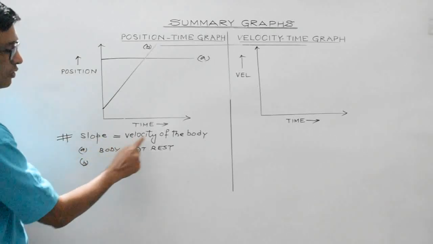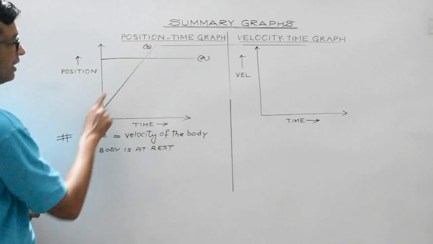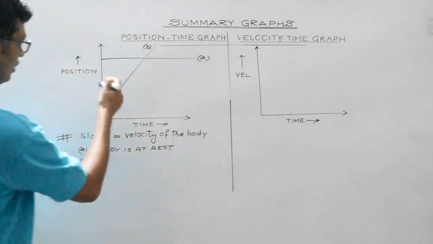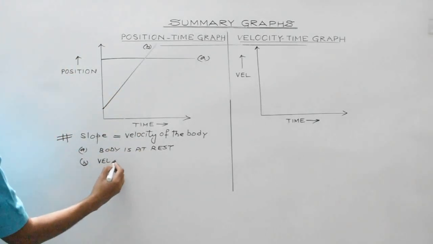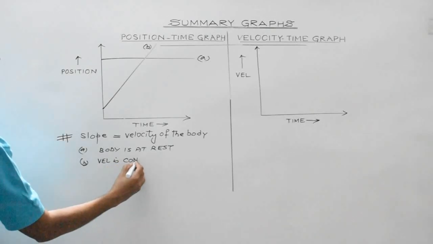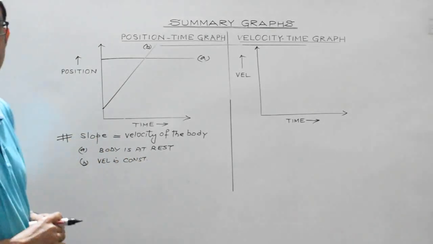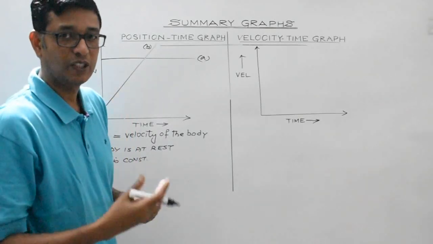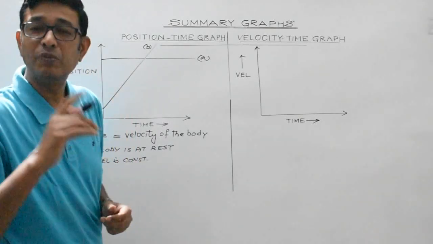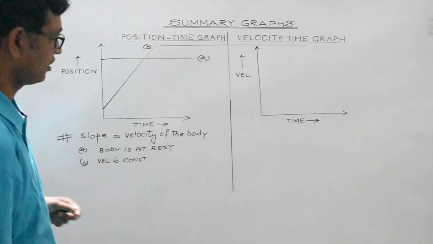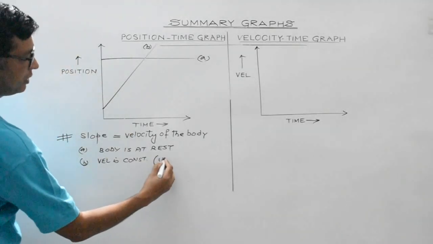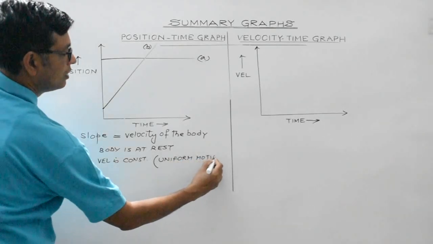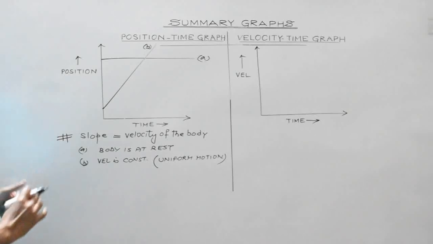And slope gives velocity to the body. So in case of a straight line, the velocity of the body is constant. And students, velocity is constant means the body must be covering equal displacements in equal intervals of time. It must be the case of uniform motion. So B represents uniform motion where the velocity is constant.